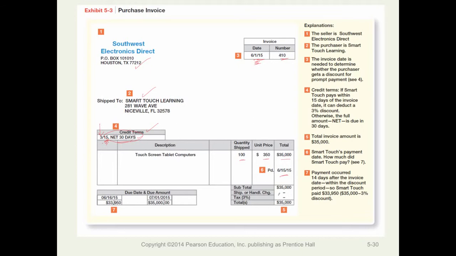Notice there's no shipping, so that's important for us. We'll get to that later. There's no shipping charge and no tax. Now, the important point here is that the company is now receiving an invoice that will trigger an accounts payable.